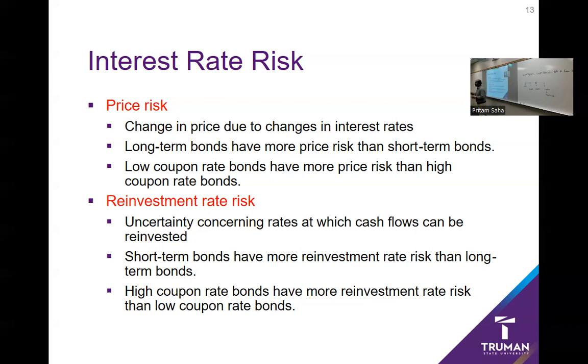The company could also default, but that's not price risk, that is default risk. But the most important reason why a long-term bond has higher price risk than a short-term bond comes from the present value relationship. Because bond value is a function of the present value of coupons and the present value of face value, right?